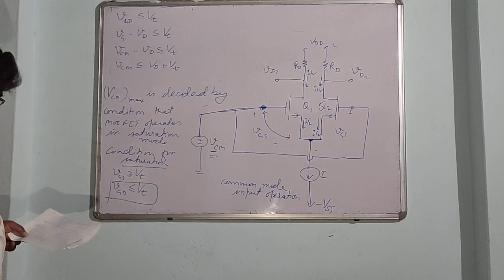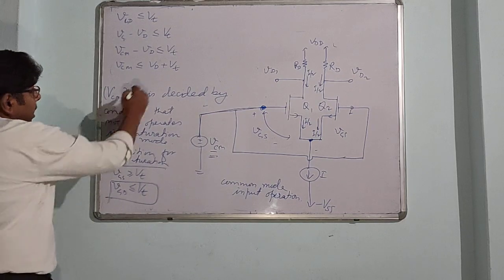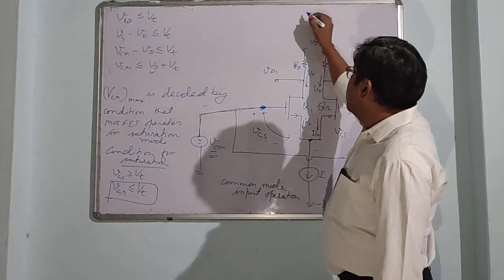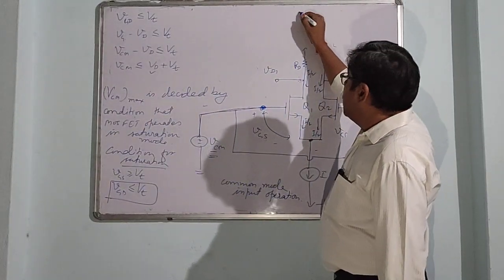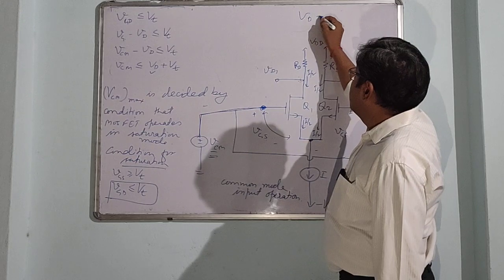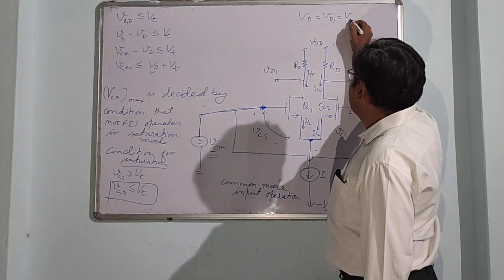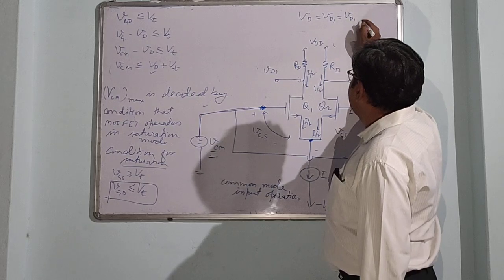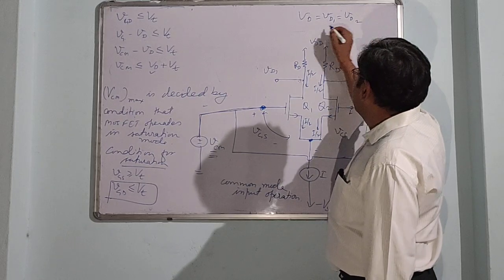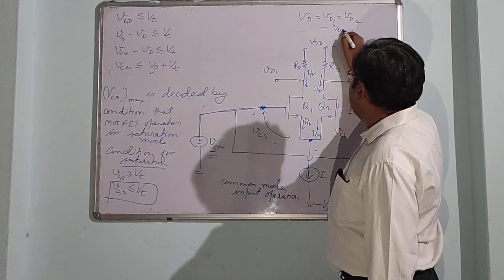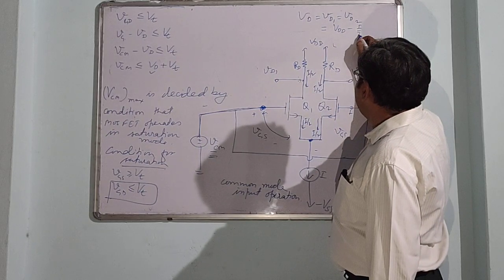And what is the value of VD? From here you have calculated VD, which is the same for both drains, VD1 and VD2, and this is VDD minus I by 2 into RD.